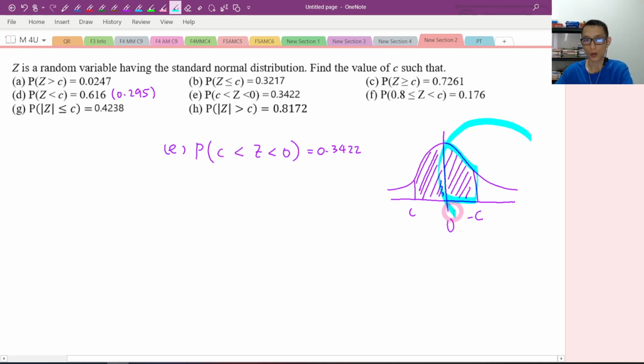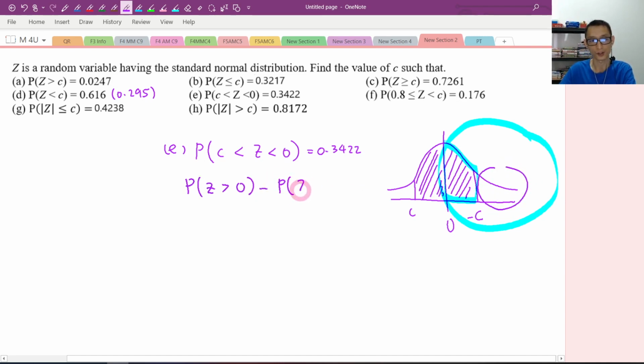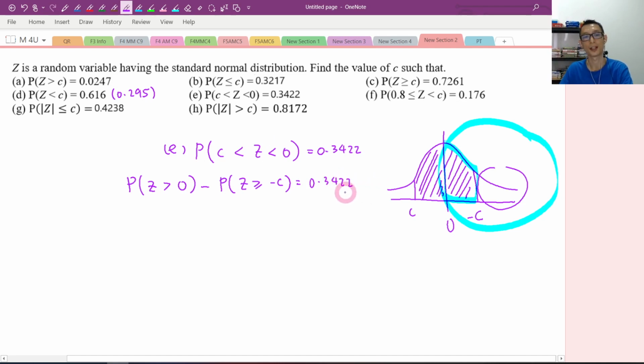We take this one, which is the probability for Z greater than 0, minus this part, the probability for Z greater than or equal to negative C, is equal to 0.3422. Okay, and how do we get this value? This one you don't have to find because it's half, right? 0.5.